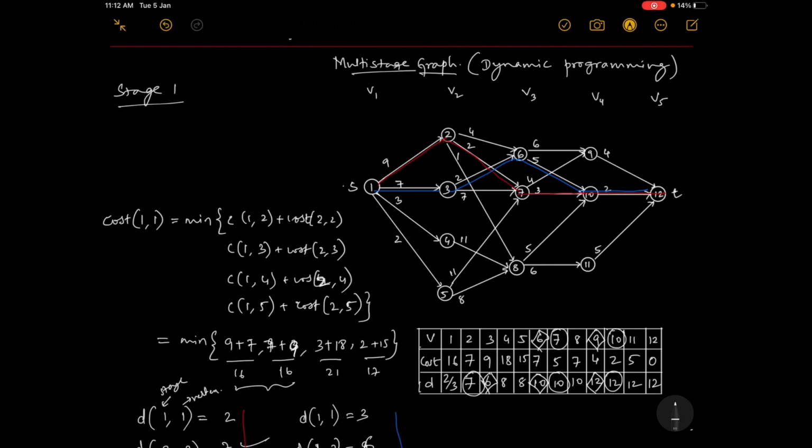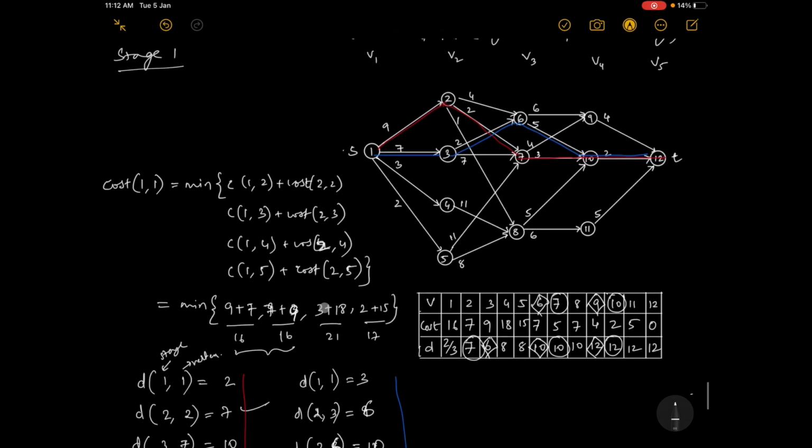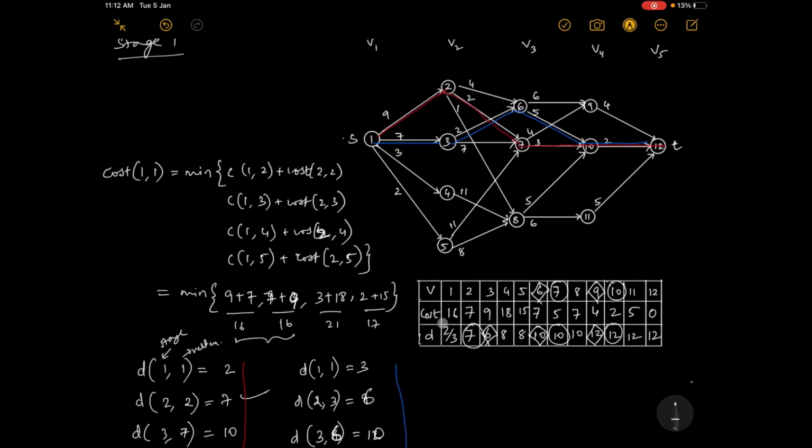In the exam, if this is asked, the graph will not be given. You don't have to solve it, you just have to write the skeleton and explain.